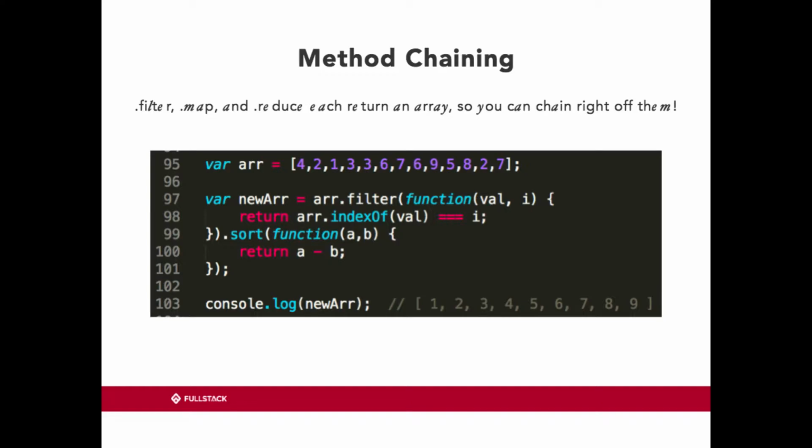Here we have a filter that returns an array that we then call .sort on right away. That works because array.filter returns a new array, and then we sort that array in place and capture that into the new r variable.